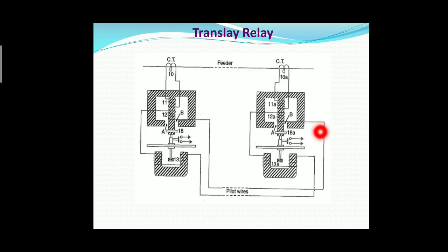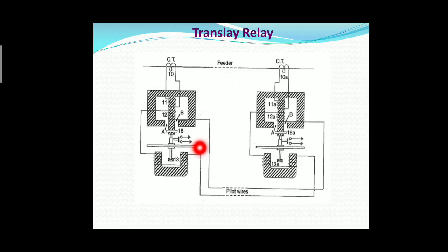The phasor difference between these two currents, I1 minus I2, will be equal to 0. But this is the normal condition, without a fault. Now suppose an internal fault occurs in the feeder line.